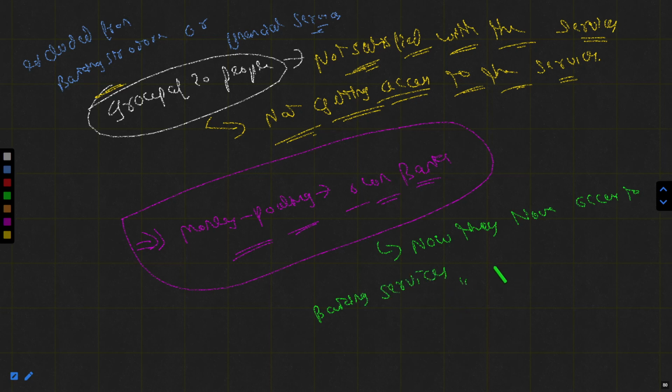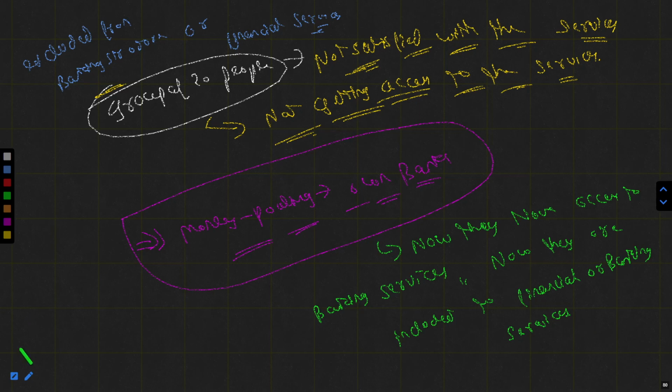Okay, it means now they are included in financial or banking services.